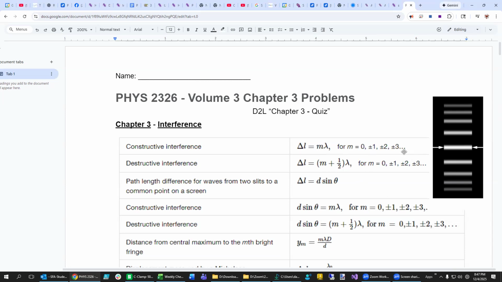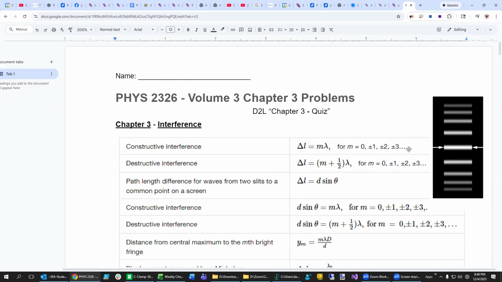So to make things simple, number one, let's just all look at the positive side so that we're on this side. And then realize that this equation right here is talking about the dark line. So m equals 0, 1, 2, but that's actually the third line. So to avoid confusion on the test, I will not do that one because I did it wrong in class.